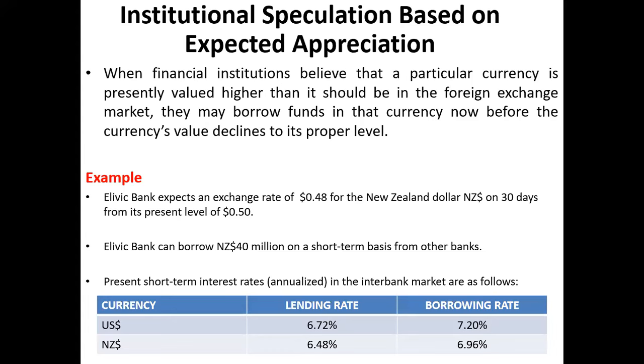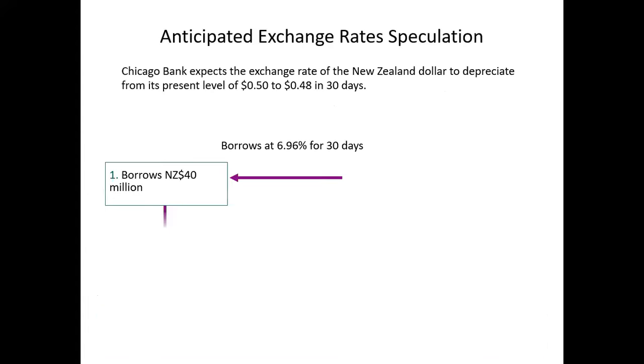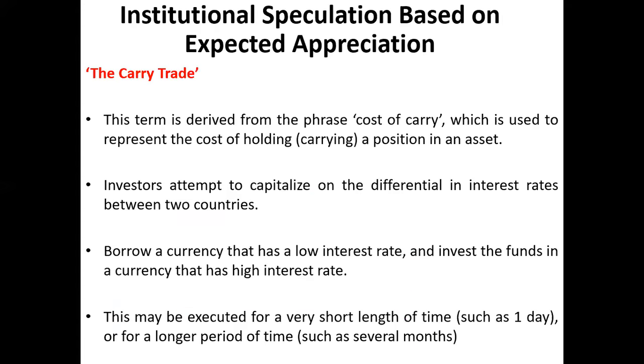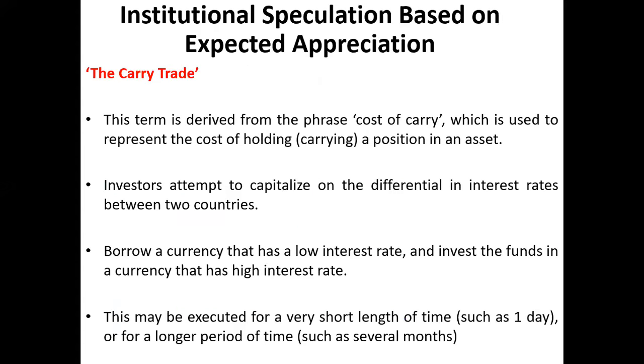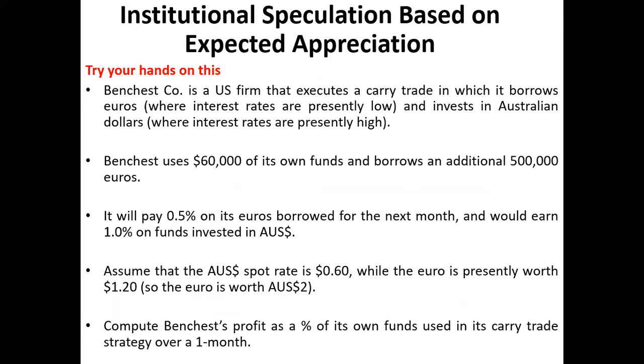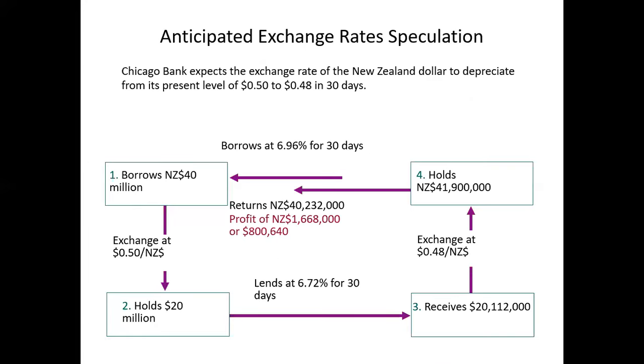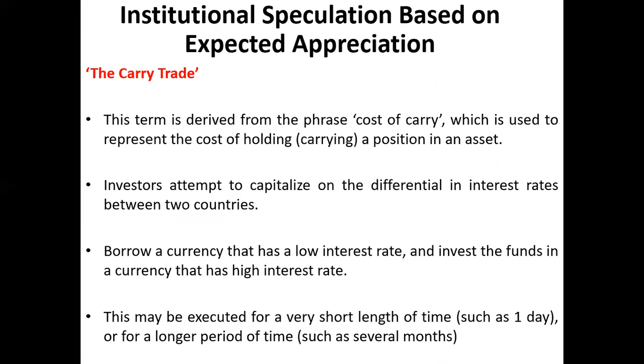So you do the computations all over again, the other way around, and then you find the profit. You can just try your hands on it and see what you get.